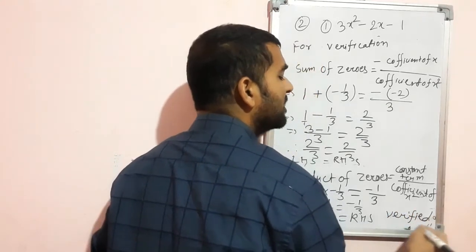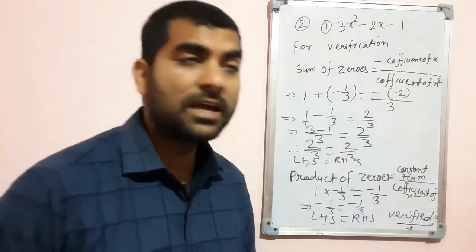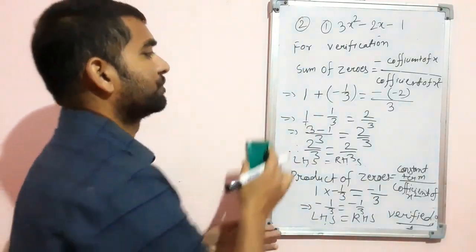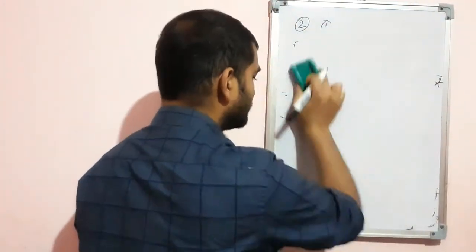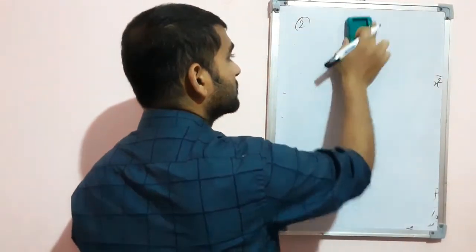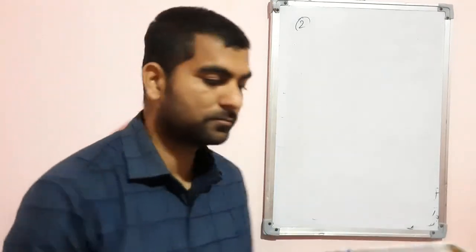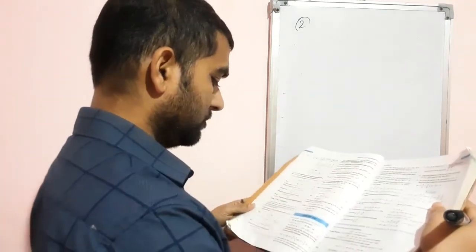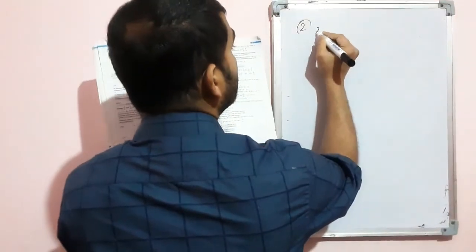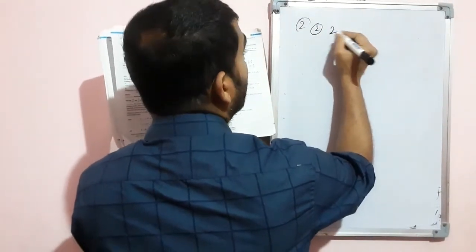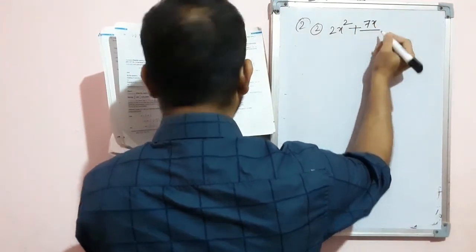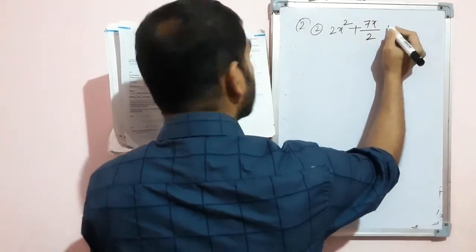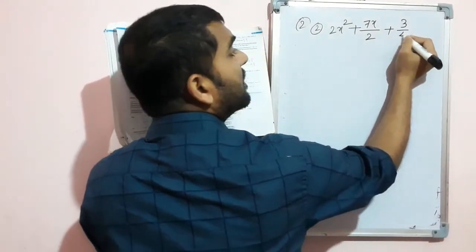We will do one more similar sum from here. Let us try question number 2, subdivision 2. We will write here 2x square plus 7x divided by 2 plus 3 by 4.